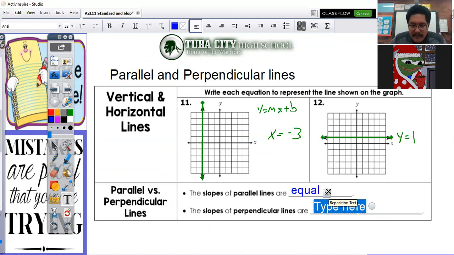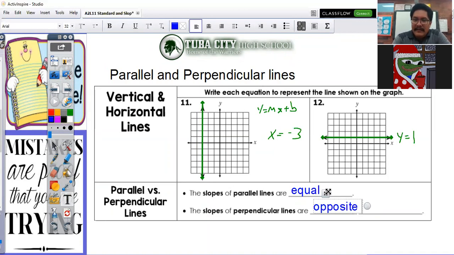Slopes of perpendicular lines. If I was in a classroom, I could show you two lines and put a piece of paper there to show that they are indeed perpendicular.